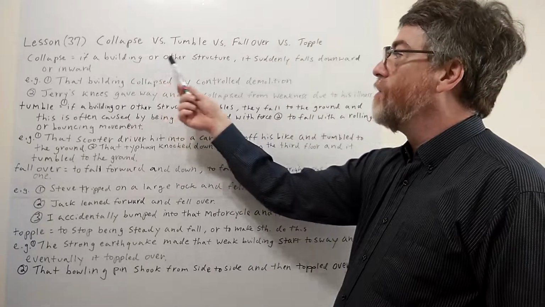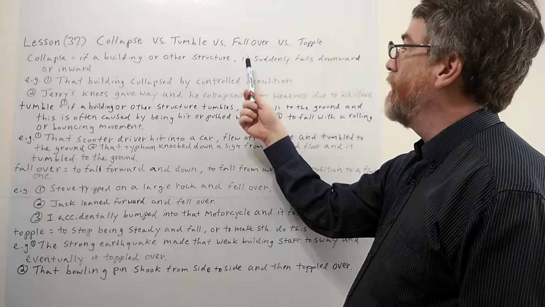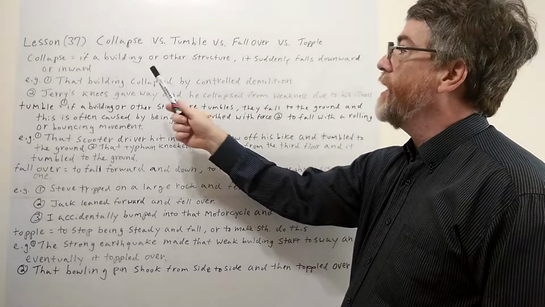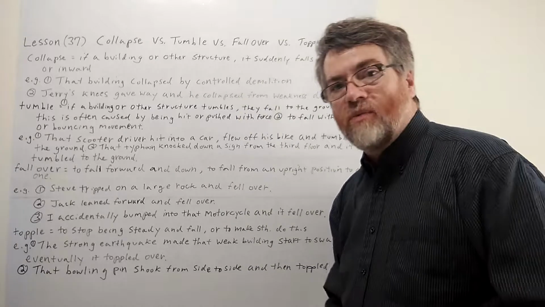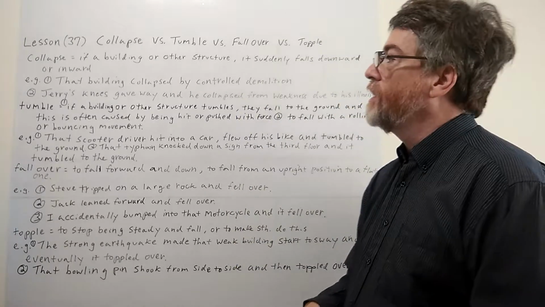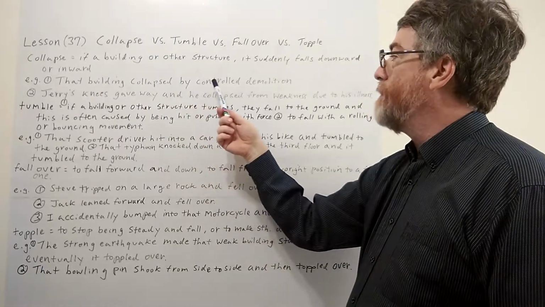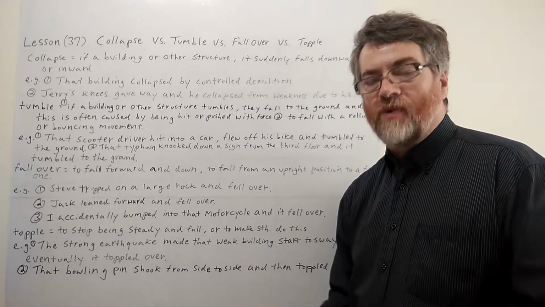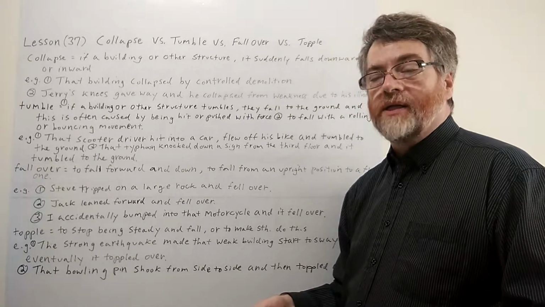If a building or other structure, or even a person, collapses, it suddenly falls downward and inward. So let me give you the first example. That building collapsed by controlled demolition. You've probably seen this before when a construction company is trying to knock down a building.